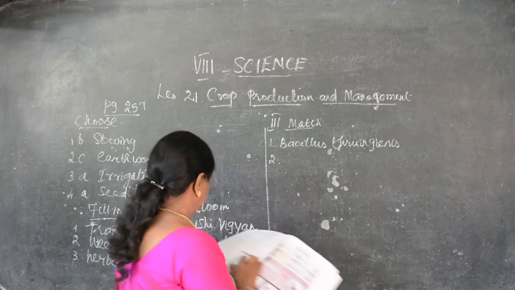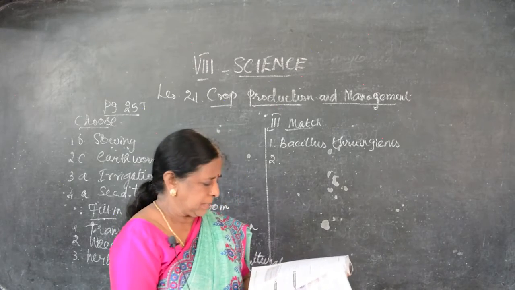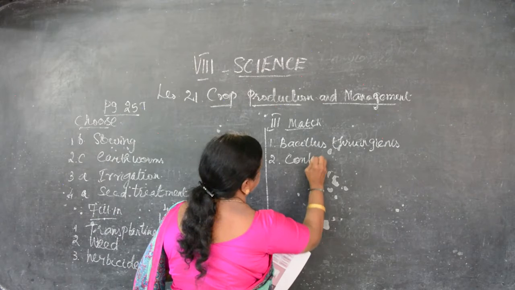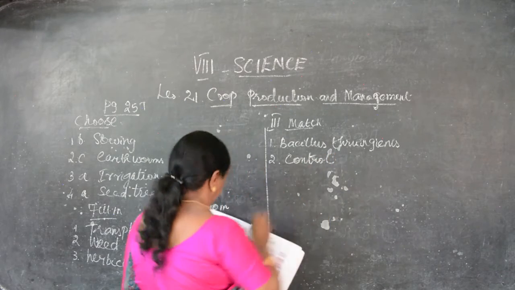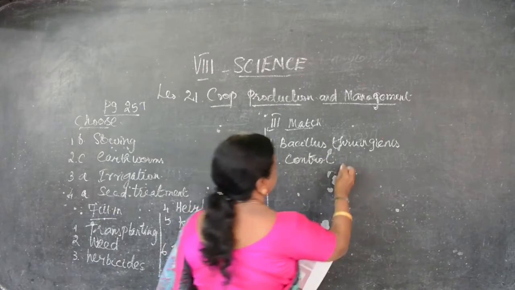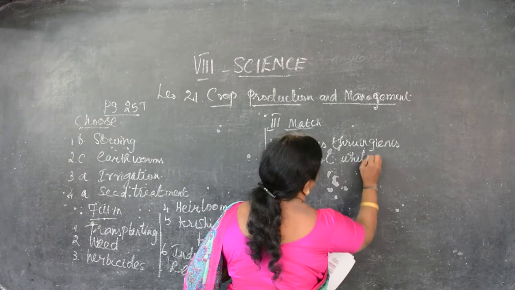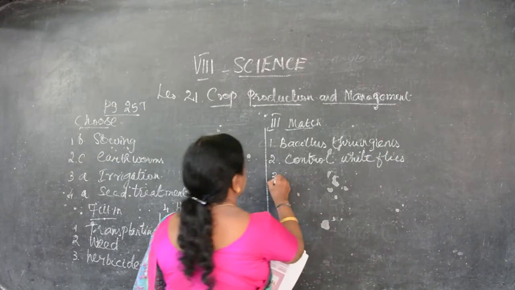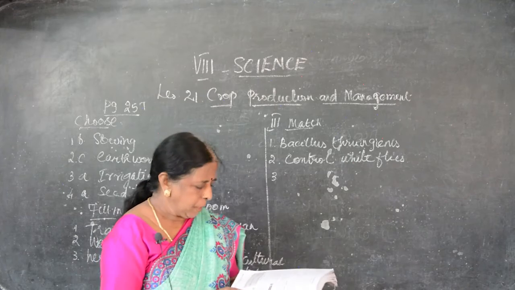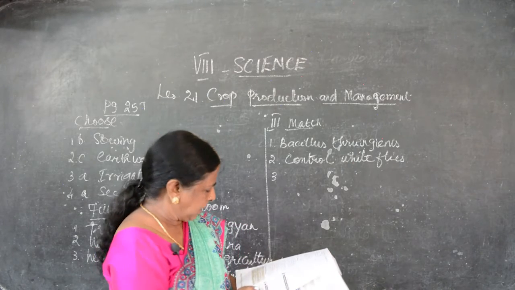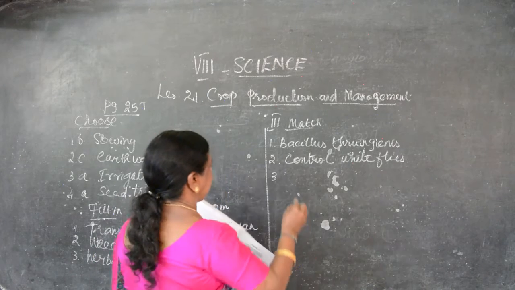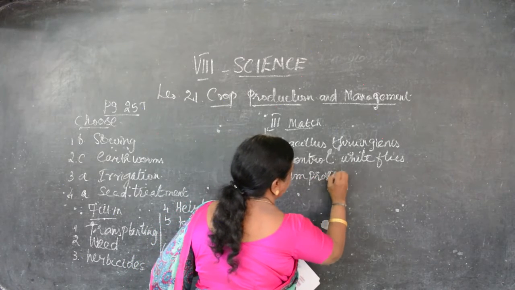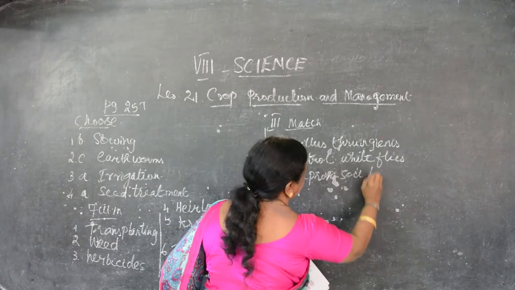Second answer is biopredators, that is biopredators, they control white flies. And third one, biofertilizer, they improve soil fertility.